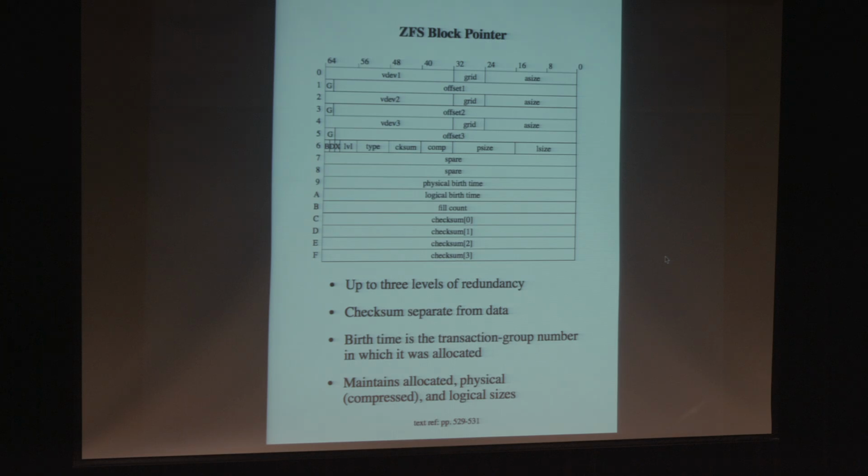And ZFS will generally try and make sure that those redundant copies are on different drives at a minimum. So in the usual form, if it's metadata, at least the first 2 of those are going to be filled in. If it's end user data, at least 1 will be filled in. But it can go to 2 and 3, as I said, if you've requested a higher level of redundancy.